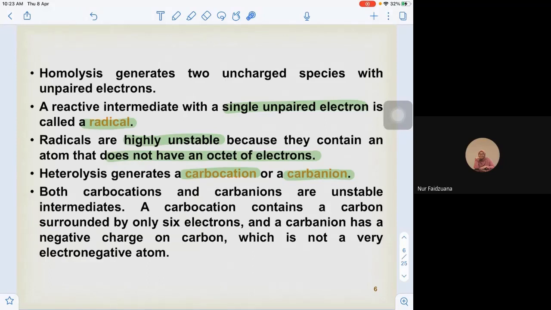Both are also unstable. The carbocation has 6 electrons, while the carbanion, with the negative charge on the carbon, has 8 electrons and completely achieves an octet. The carbocation does not achieve an octet. So the one that receives both of the shared electrons has an octet, and the one that loses both of the shared electrons has an incomplete octet.